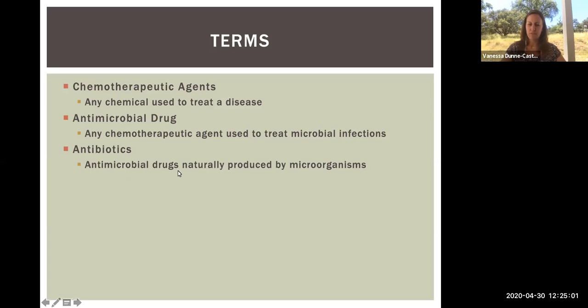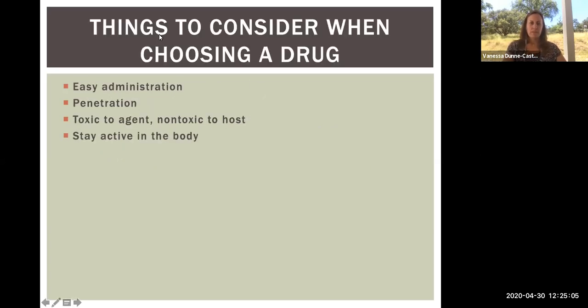So, things to consider when choosing a drug. We're going to spend a little bit of time on this category because this is where we get the conceptual understanding for this information. So I understand that most of you in taking this course are going to be going into nursing, or some people go into pharmacology, some people go into veterinary science.